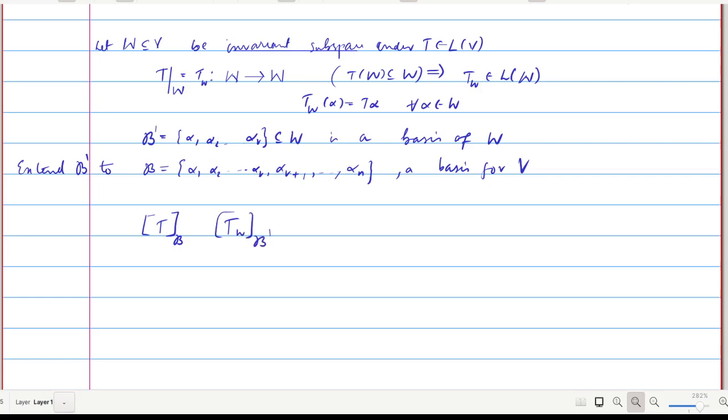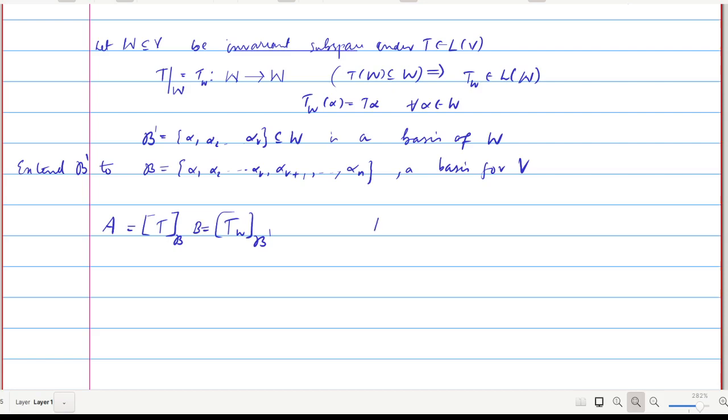So in order to get the matrix of TW, if I represent the matrix of T as A, and we consider this as B, then how will you get this A?